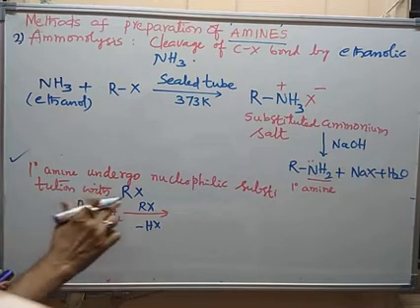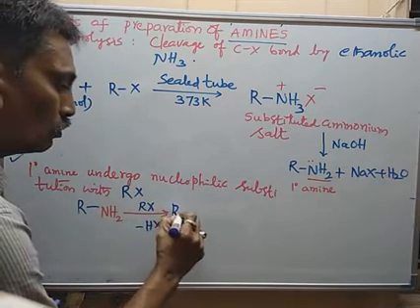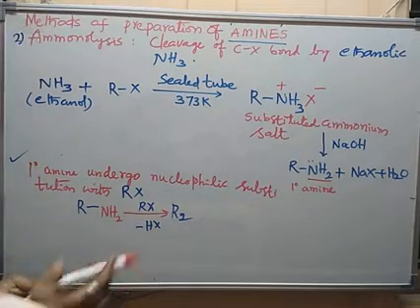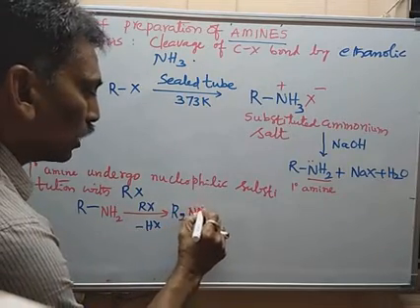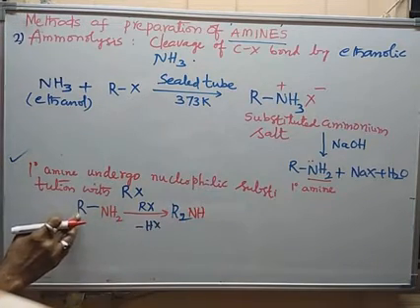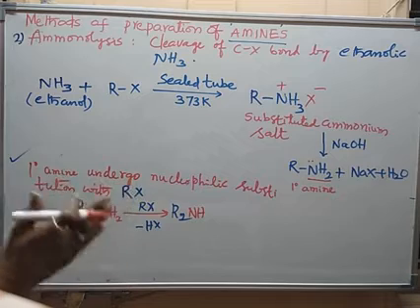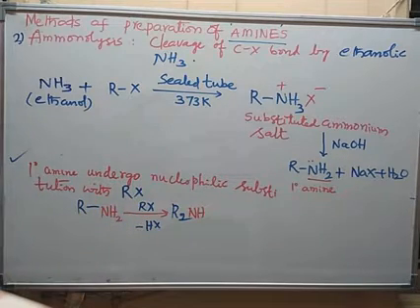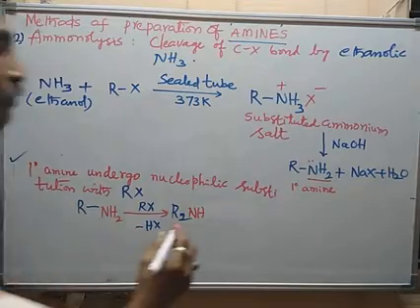Already one R is there, so R and R becomes R2, and NH2 becomes NH. It is simple mathematics going on. NH2 becomes NH, R becomes R2. Slowly, the number of one atom is decreasing, another atom is increasing.